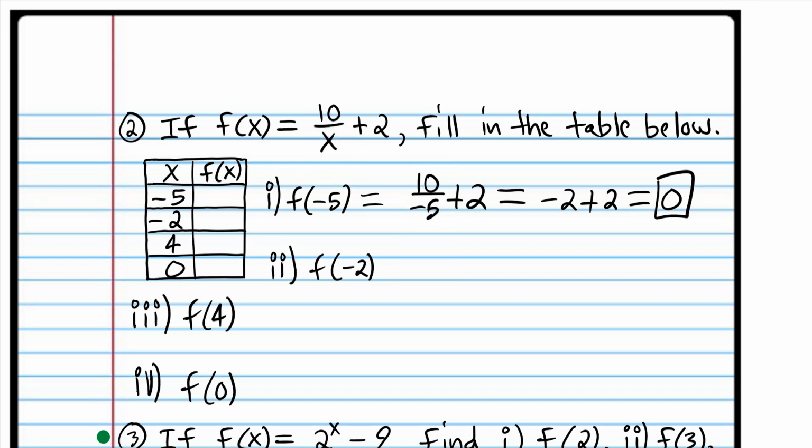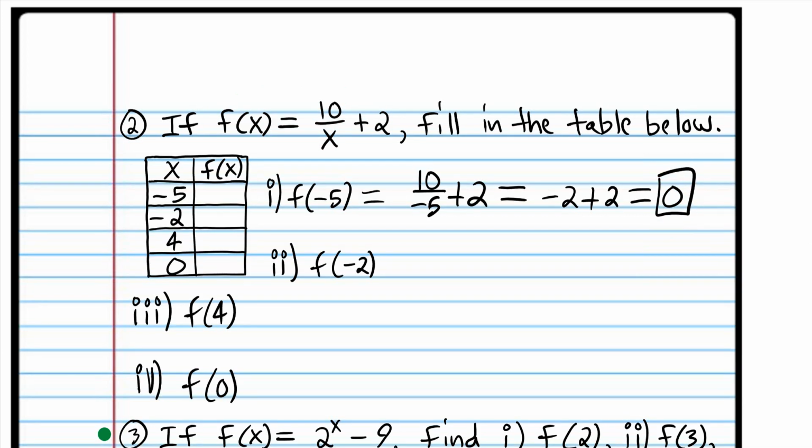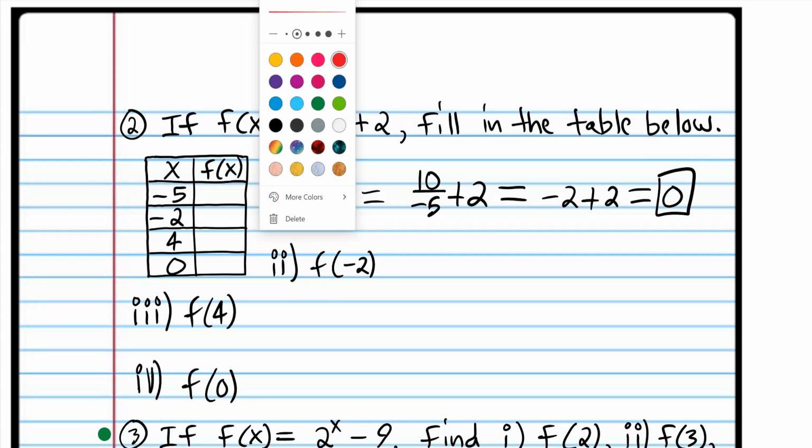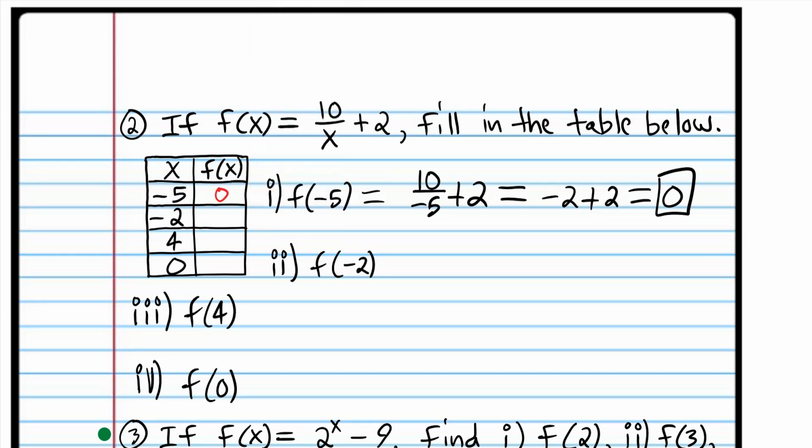So if our input is negative 5 and this is our function, then our output is 0. So what that means is we can now plug the output into the table, 0. I'm going to write in red.